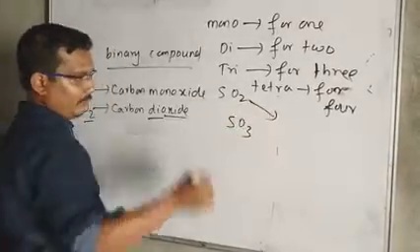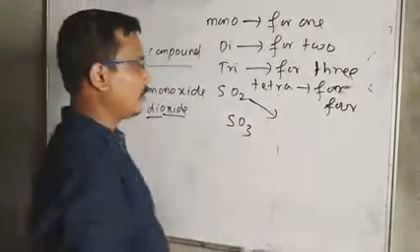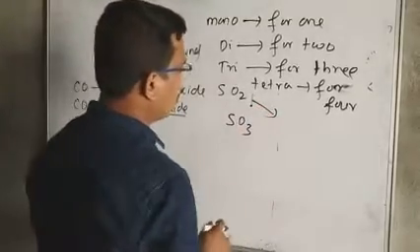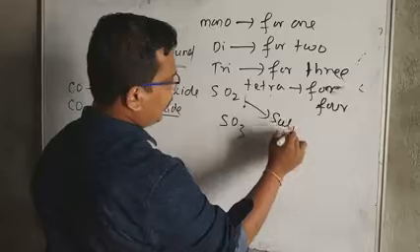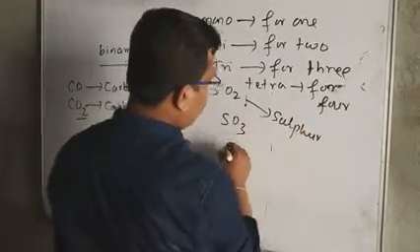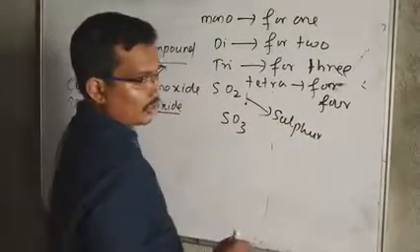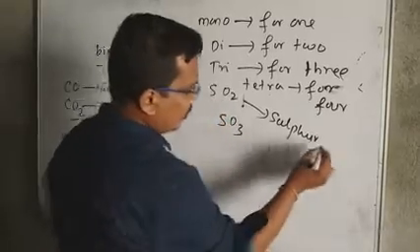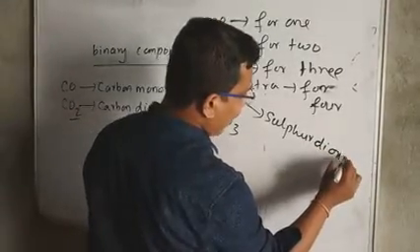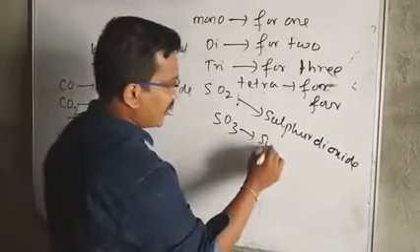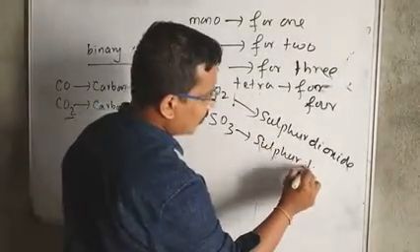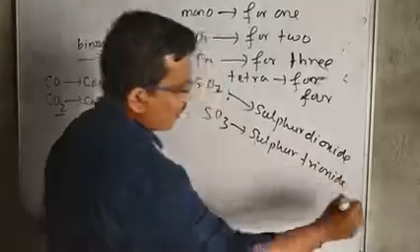Like that, what will be the name of SO2? Here sulfur is present, so we can write sulfur. There are two oxygen atoms present, so you use dioxide. Like that, for SO3, the name of the compound is sulfur trioxide.